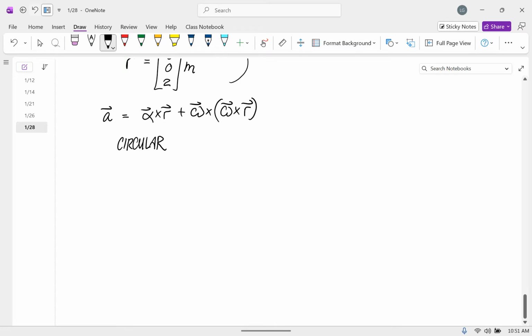So circular motion means that it's parallel to omega. So it's going to be the positive y or negative y. So that's the first thing we know. Then we're told that it's slowing down.